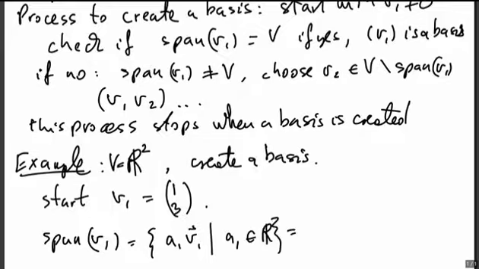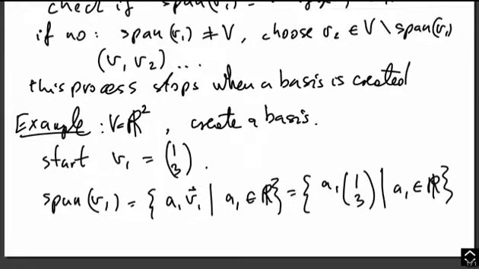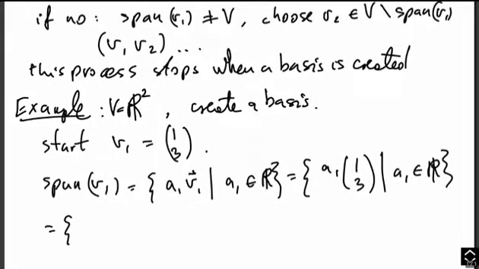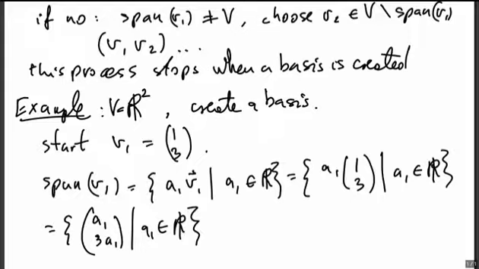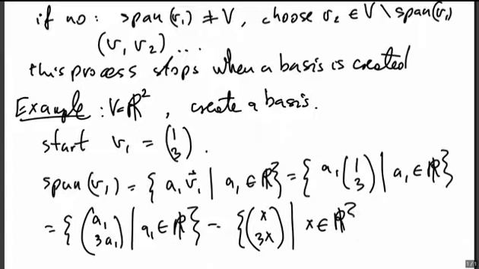Another way to write this is A1 times the vector (1, 3), where A1 is in R. Then to see what this really looks like, we multiply through, and we get (A1, 3A1), where A1 is in R. Since the first component A1 is actually the X component, maybe it's useful to write this as (X, 3X), renaming the scalar A1 to X. That's just a different notation for the same thing.